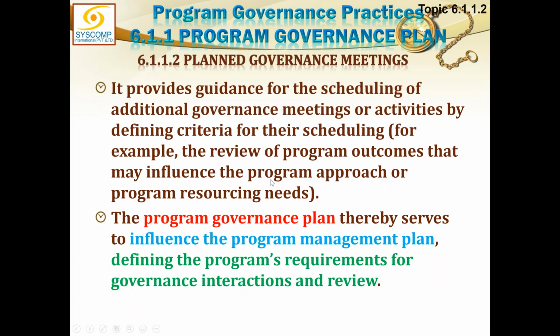So this will help us define the approach of our program. And when we define the approach of the program and our resource needs, this is where we go into the development of the program management plan. Whether you want to formally call it a program management plan or not, there is a governance management plan and there is a program management plan.